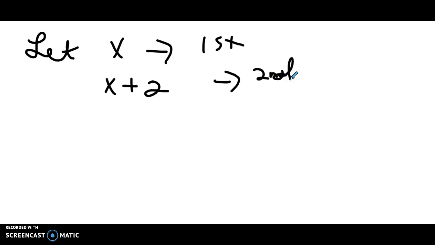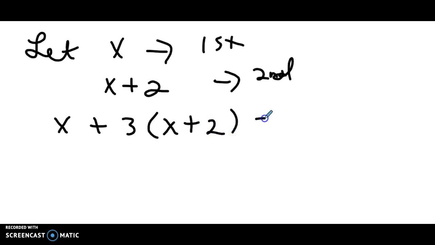Okay, so now I'm going to go back and read it again, because you have to make sure. It says find the two consecutive odd integers such that the sum, so we're going to add them together, of the smaller and 3 times the larger. So x plus 3 times the larger number, x plus 2, and then it's going to equal 330.